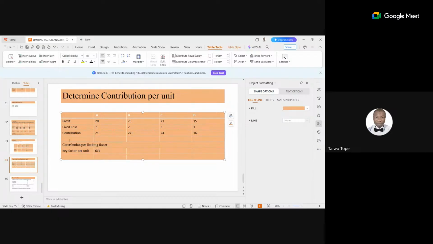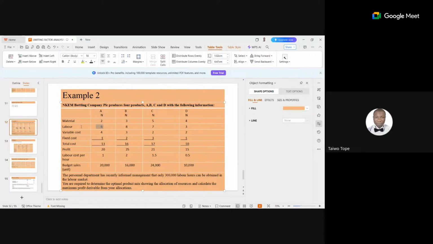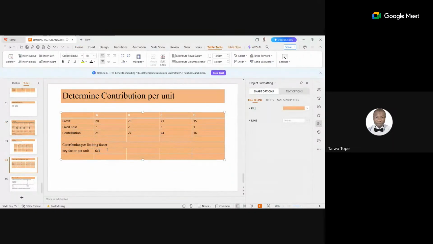How do we get 6? You incur 6 naira overall on labor to produce 1 unit. How much are you paying for 1 hour? Is 1 naira. So how many hours did you use overall to produce 1 unit? Is 6 divided by 1. You have 6. So that is why we'll have 6 again here.